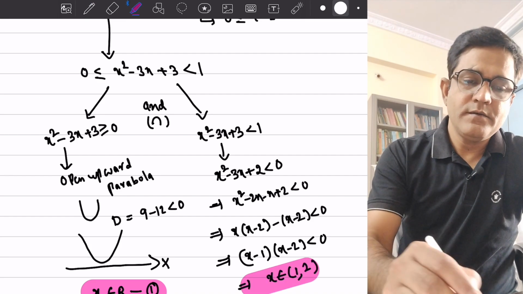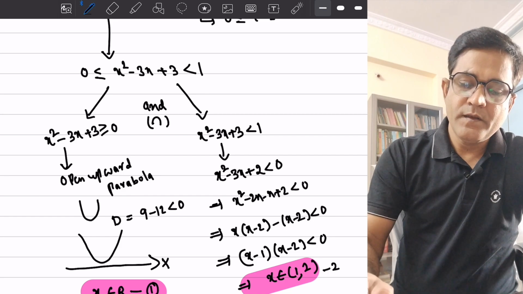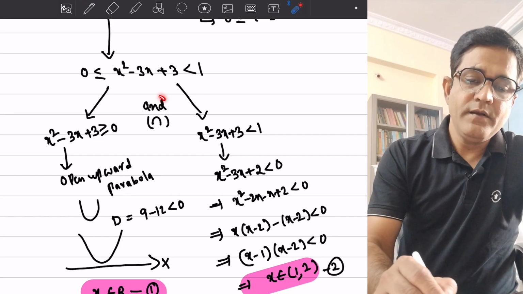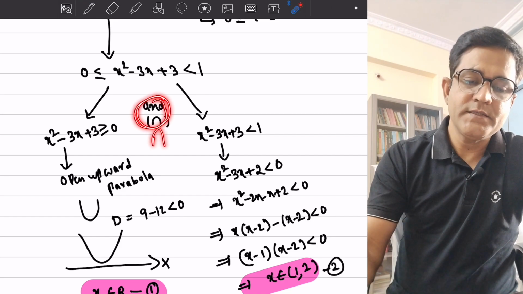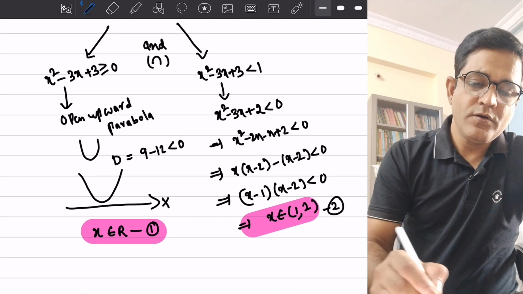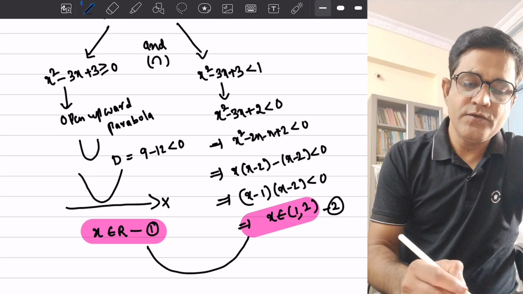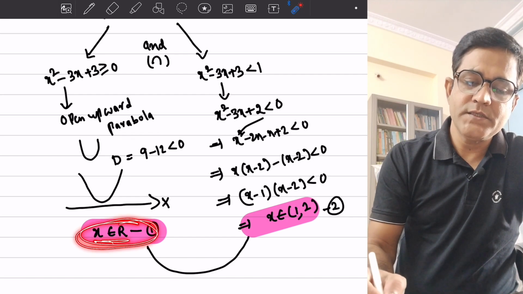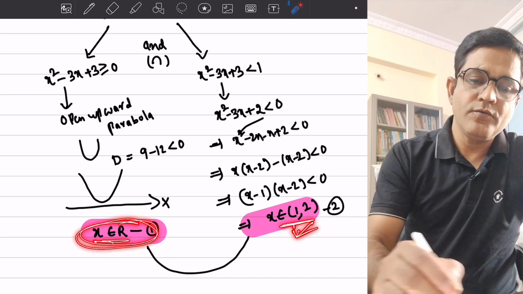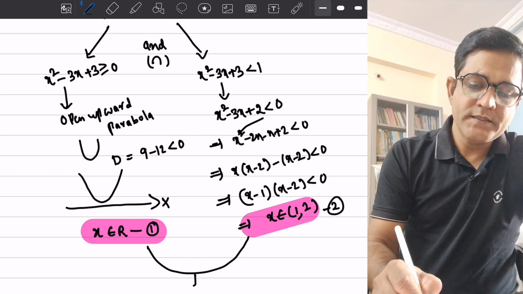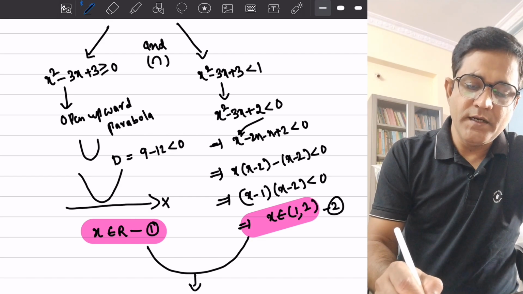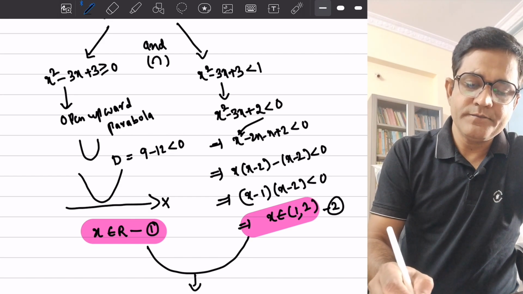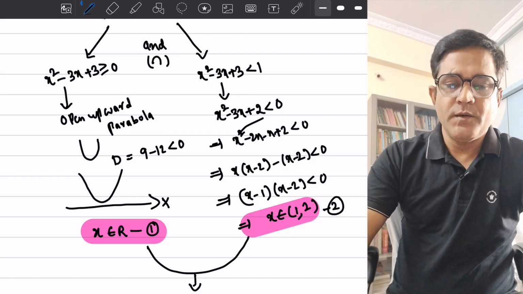This is solution 2. Since 'and' means intersection, the intersection of all real numbers with (1, 2) is (1, 2). Therefore the answer here is x ∈ (1, 2).